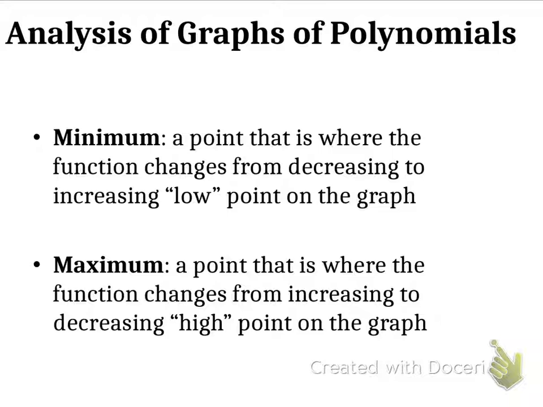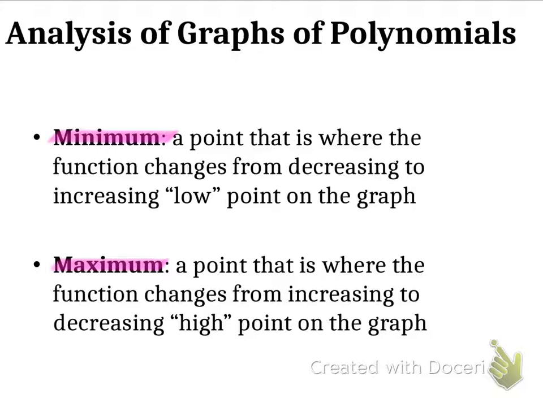All right, so a minimum is a point where the function changes from decreasing to increasing, which creates a low point on the graph. And a maximum is the opposite, from when it's increasing and all of a sudden it's starting to decrease, therefore it's a high point on the graph. We already know this because we've talked about mins and maxes related to quadratic functions, which is a polynomial.